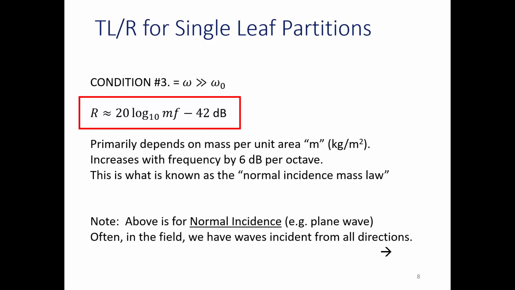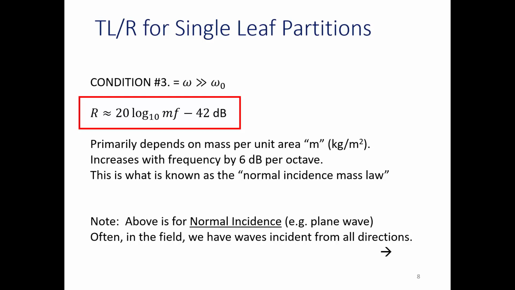But the mass and the frequency are the primary driving factors. There are more developed, more complicated equations to account for other things like stiffness, or, when we get to double leaf partitions, the resiliency between the two sides. But we'll just take this more introductory approach for now.